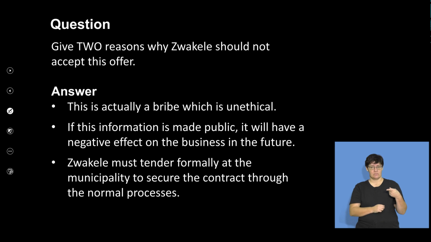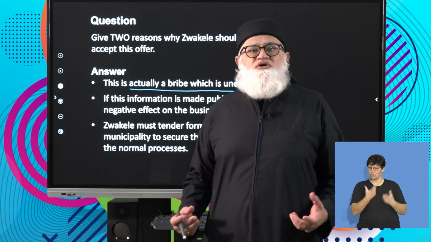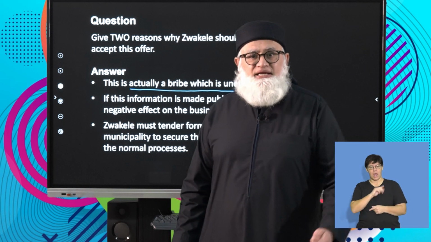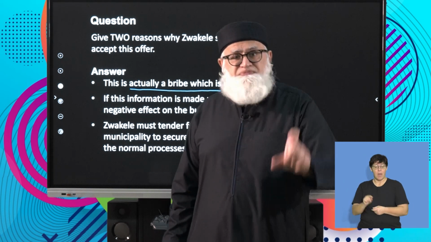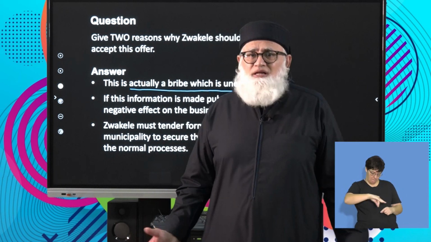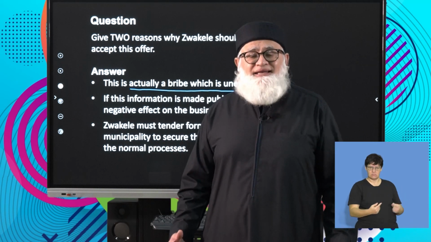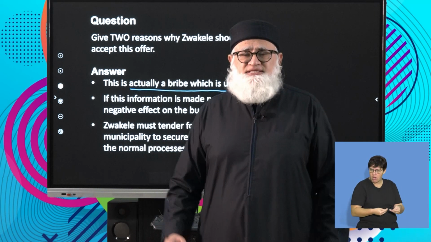Okay, look at our responses. Number 1, this is actually a bribe which is unethical, right? We've said that. It is unethical to do something like this. Why? Because it's a bribe. The person has said, only if you give me 10% in cash will I recommend you. Unethical, unacceptable in terms of business practice, unethical in terms of life practices.